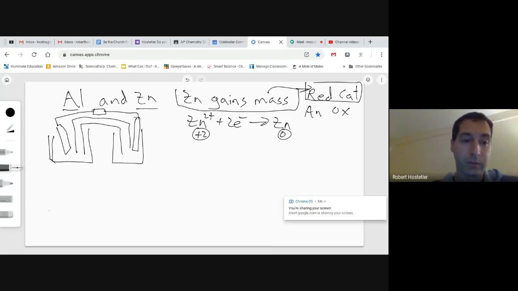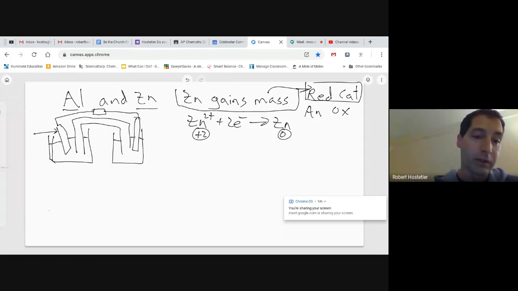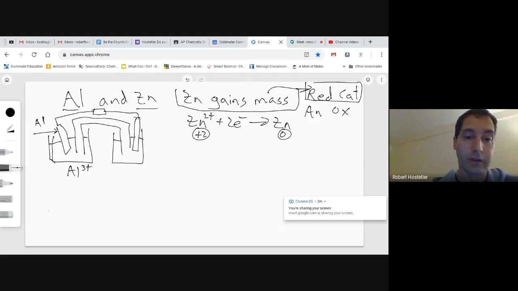It doesn't really matter which one you call which, but make sure when you draw the picture that both the salt bridge and the electrodes are below the level of the solution. So if I say this one right here is aluminum, then down here has to be my aluminum ion in solution. And if I call this one the zinc, then in there is my zinc ion.